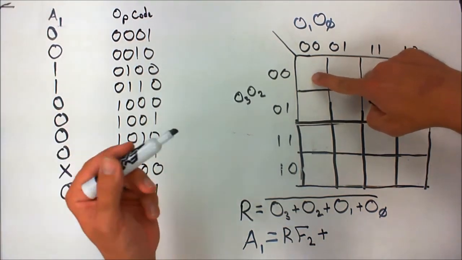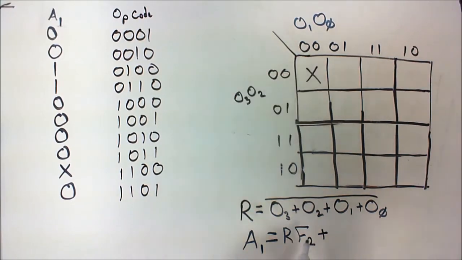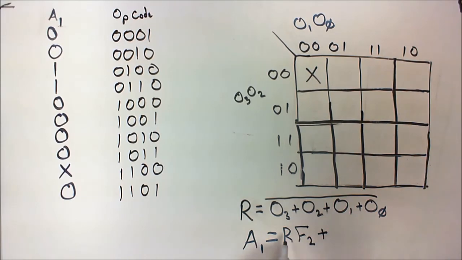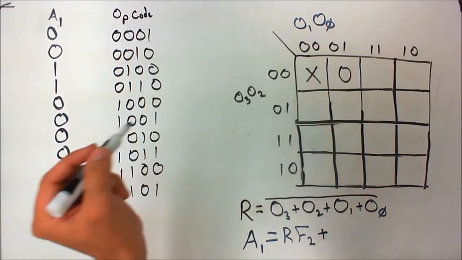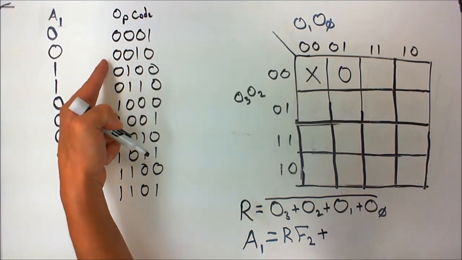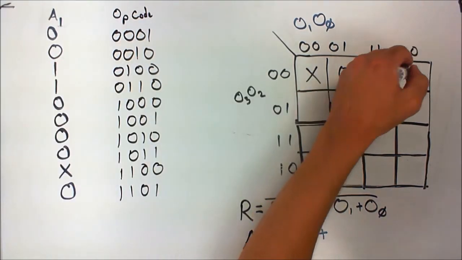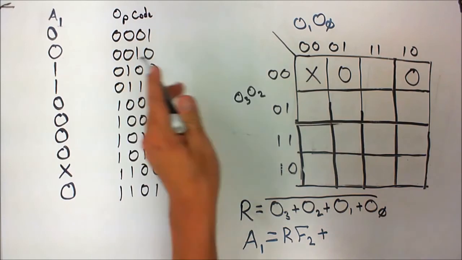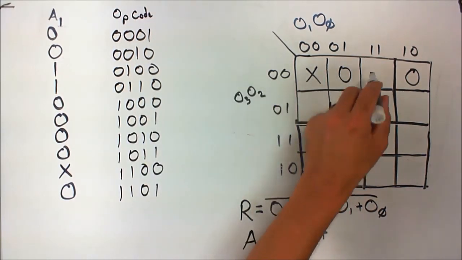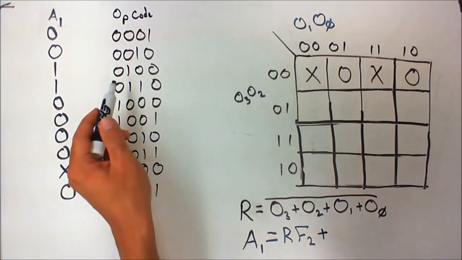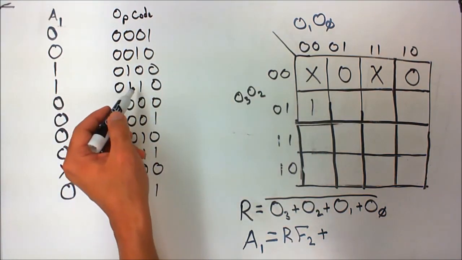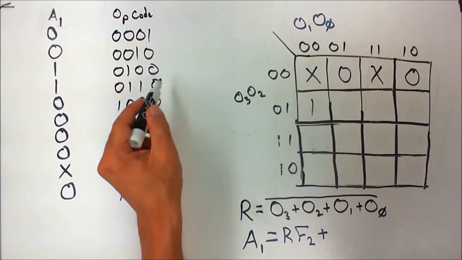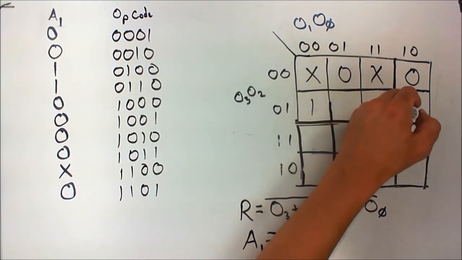So our 0000 is a don't care because that's taken care of by the F2 here in the expression. 0001 is a 0. 0010 is 0. We don't have a 0011, so that's a don't care. 0100 is 1. 0110, so we've skipped all the way over here, that's a 1.